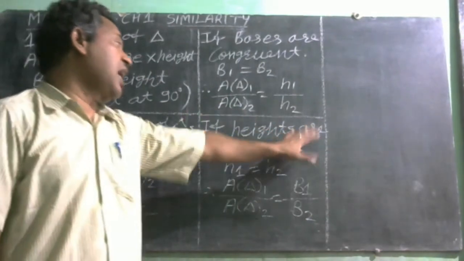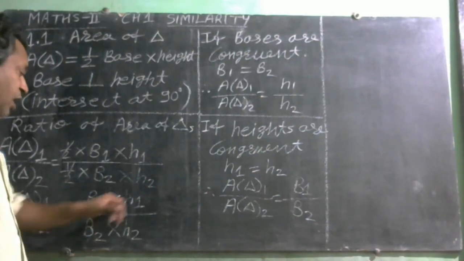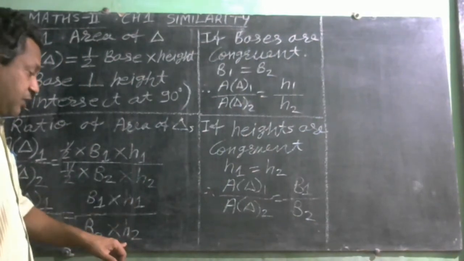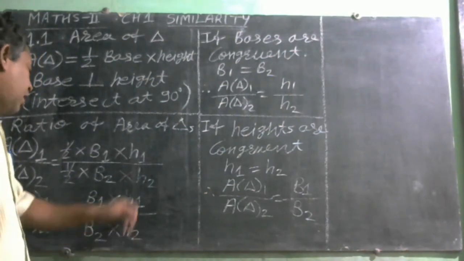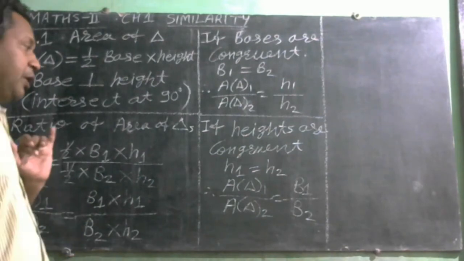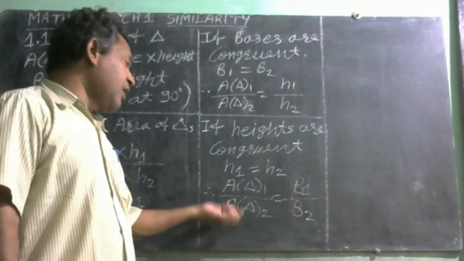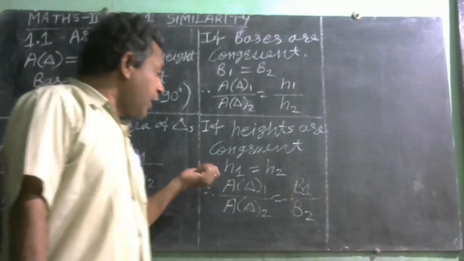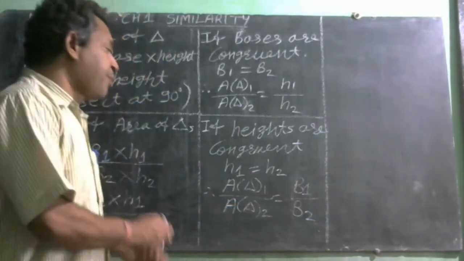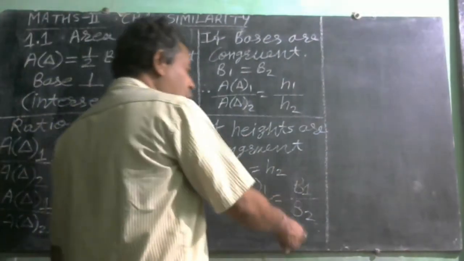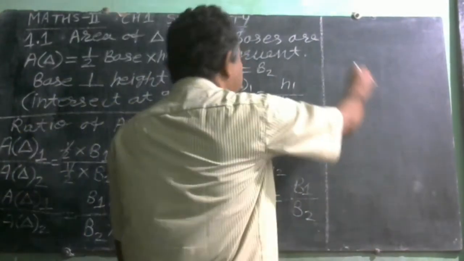If heights are congruent only, and bases are not congruent, then height may be removed, then only B1 and B2 will remain. So the ratio of area of two triangles is proportionate to the ratio of only bases. Okay?